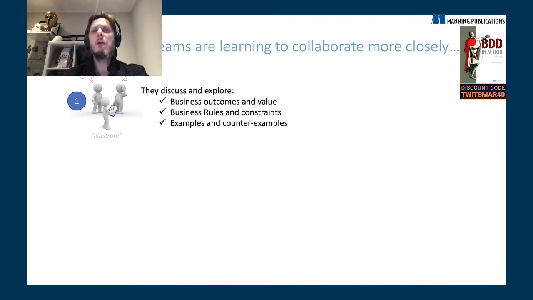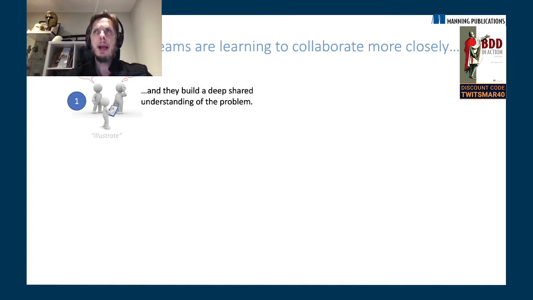They do this by working through not abstract theories or high-level requirements, but concrete cases, concrete examples, business rules, constraints, examples, and counterexamples. The result is that they end up with quite a deep understanding of the problem they're trying to solve.